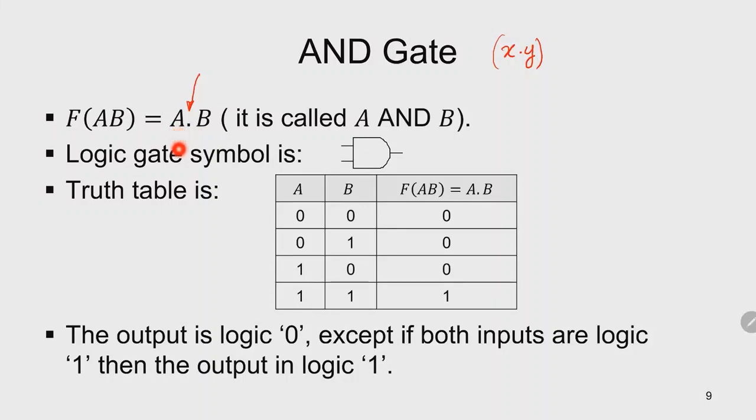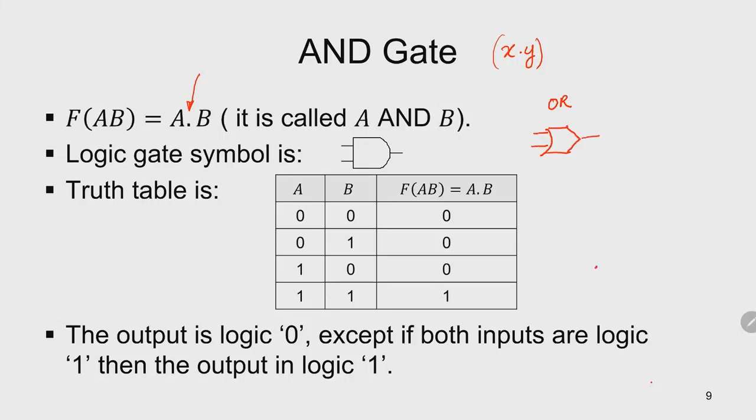Okay, so for the AND gate symbol, the input has a flat line, and then the output is a curve. Compared to our OR gate, the input is curved and the output is pointed.